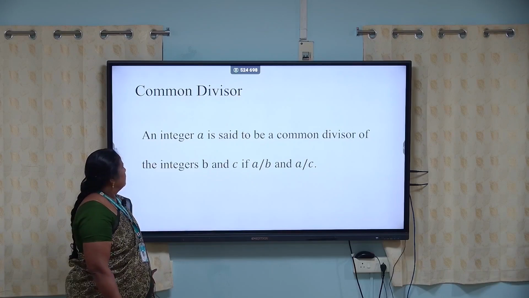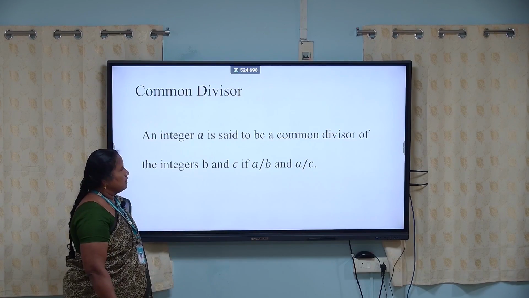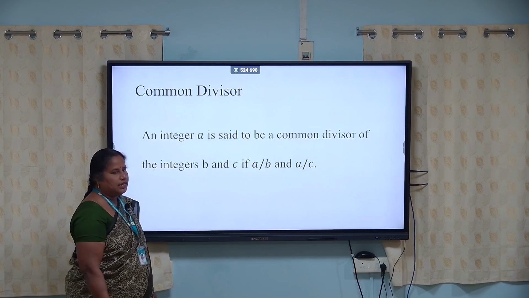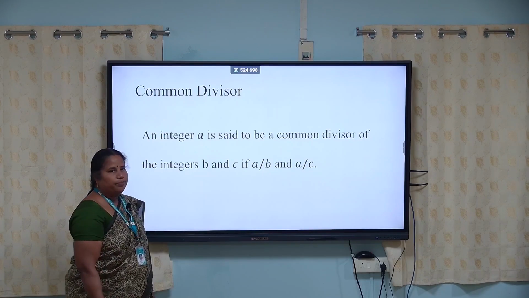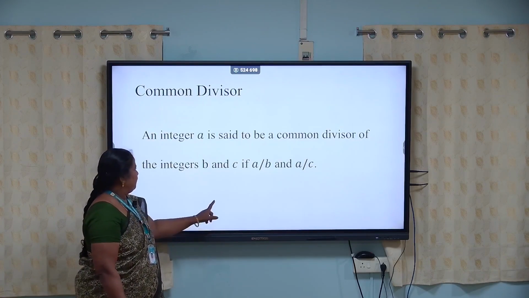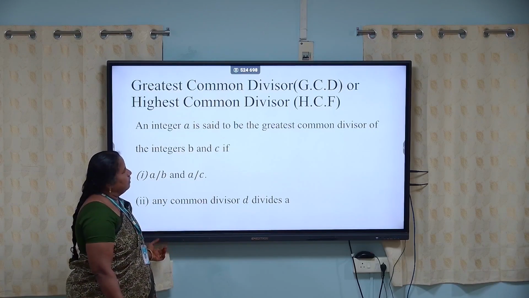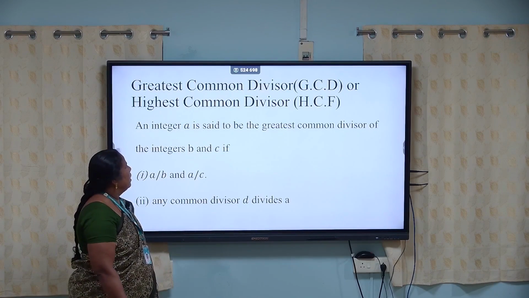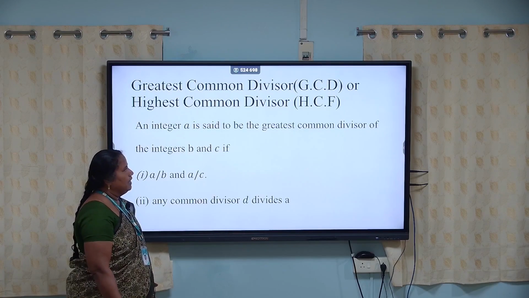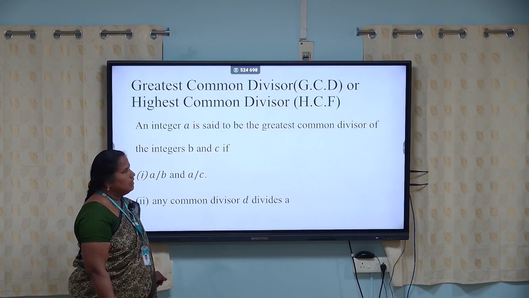Common divisor. An integer a is said to be a common divisor of the integers b and c if a divides b and a divides c. Greatest common divisor. It can be shortly written as GCD or highest common factor, HCF. Both are one and the same.